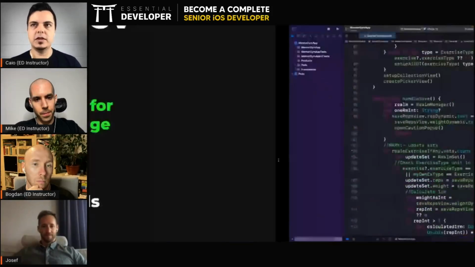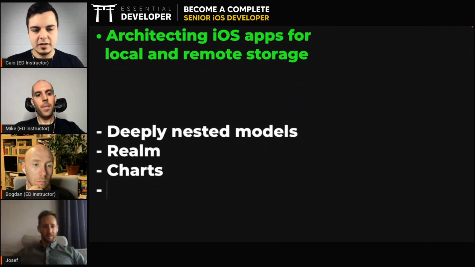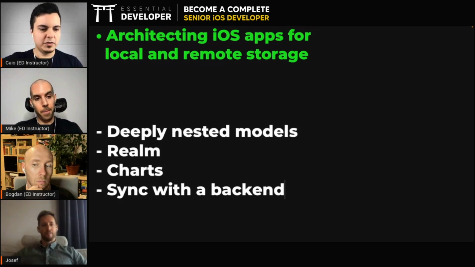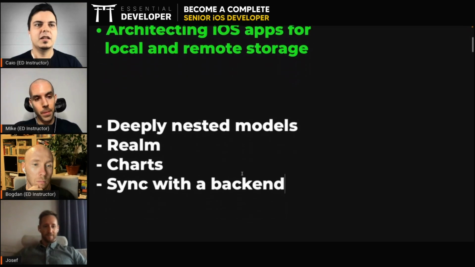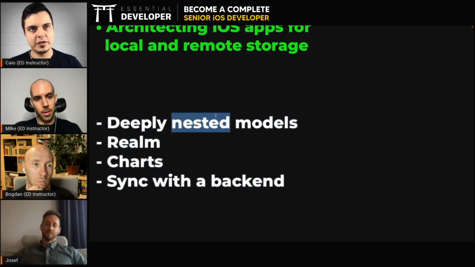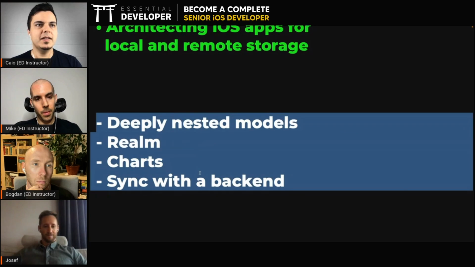So you talk about the nesting of the models. You also want to at some point sync this with a backend, so you can ship it to the App Store and your clients can use that. Related to those features or problems you have, is there anything specific you want to look at first?